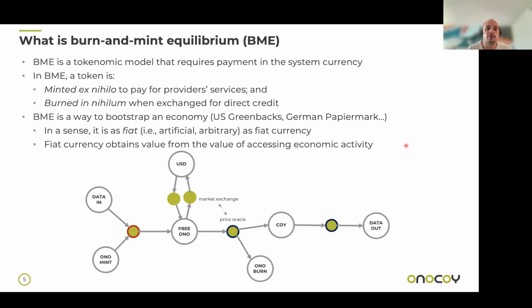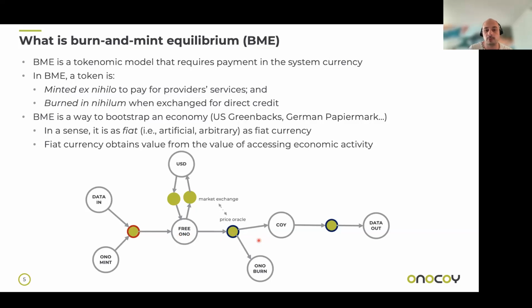So what is burn and mint equilibrium? BME is a tokenomic model that requires payment in the system currency. In burn and mint, for providing some service, in our case you're providing us data, real physical data, we give you a token and we mint it out of nothing.